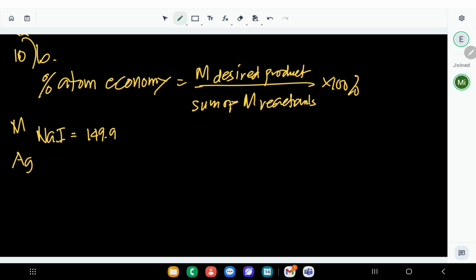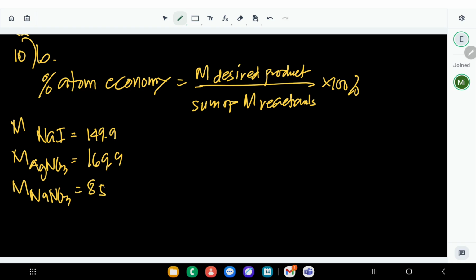And then silver nitrate, molar mass of silver nitrate is 169.9, and then molar mass of sodium nitrate, that is 85. Then molar mass of silver iodide is 234.8. Then we just plug in everything for the percent atom economy.